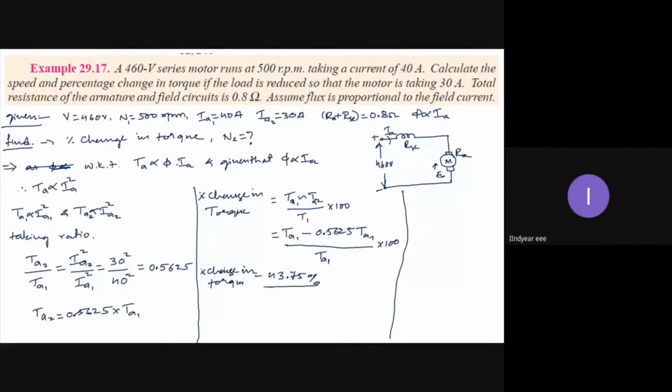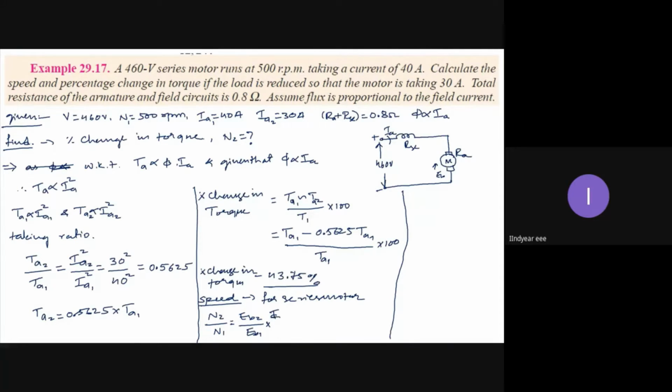Okay, so next point is the speed. I have to find the speed. For a series motor, we have the relation N2 by N1 is equal to EB2 by EB1 into phi 2 by phi 1.